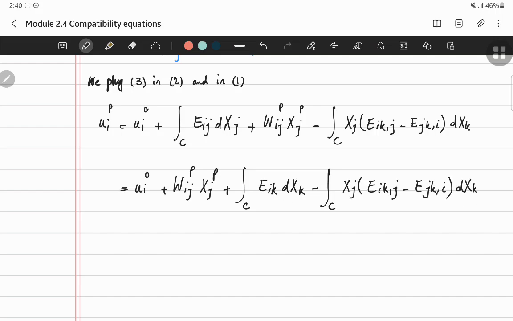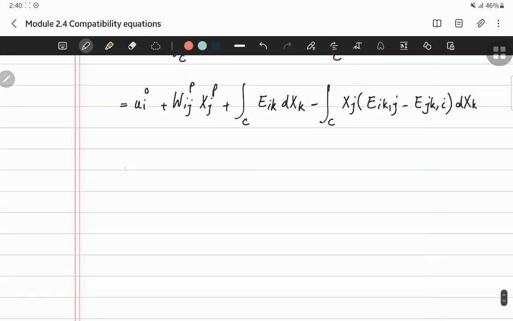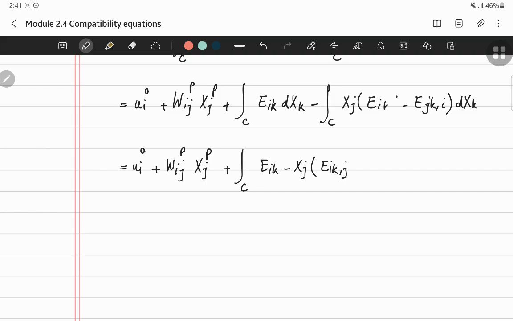Now we have dx_k and dx_k, so I can write u_i at origin plus w_ij p x_j p plus the integral over C of e_ik minus x_j e_ik comma j, this is comma, not i, k, j, minus e_jki dx_k.